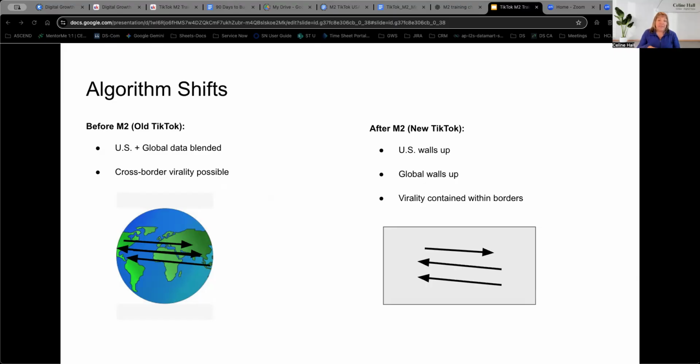And thirdly, the algorithm reset, it's just going to happen. The system will end up resetting. The system is new, so it's like starting a brand new algorithm that you need to train. The creators will need to relearn what works in the M2 algorithm.